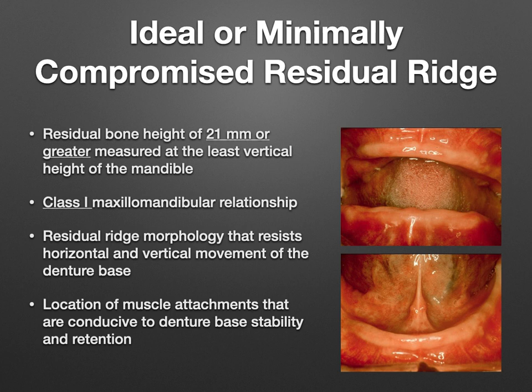The most important thing in evaluating the ridge is whether the ridge morphology can resist the horizontal and vertical movement of your restoration. For example, you can see this bone still has good height, so if we consider the lateral force, it can resist those movements. Also, the location of the muscle and frenum attachment, as you can see, is still a little bit away from the ridge, meaning we still have plenty of room to restore it without interference.